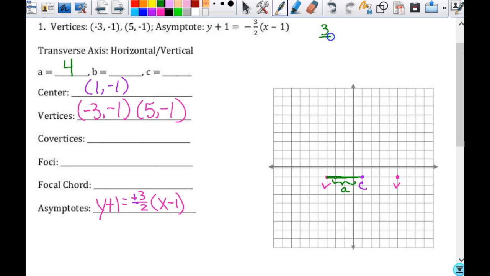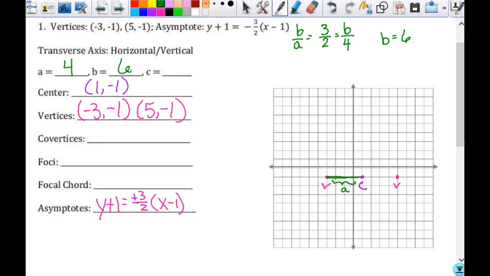So I know that 3 over 2 is supposed to equal B over A, right? And I know what A is, so that is going to be B over 4. So what does B have to equal? 6, right? Because 3 times 4 divided by 2, B is 6. Okay.